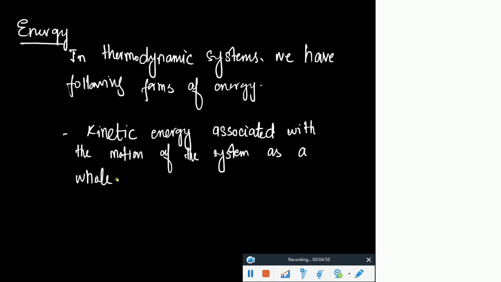Now why do I need to write this phrase as a whole? Because we are talking about macroscopic things. And obviously we would try to quantify that kinetic energy, or let's say velocity or displacement, whatever that is, with respect to an external coordinate reference frame.